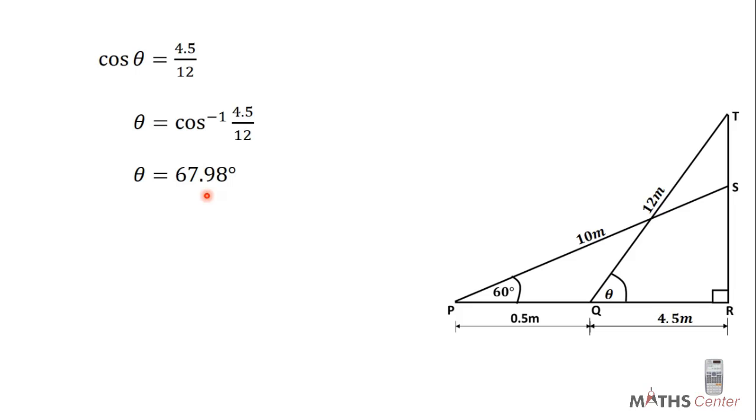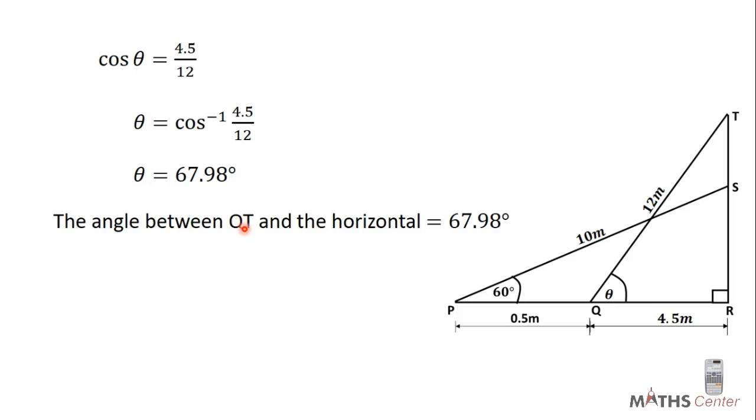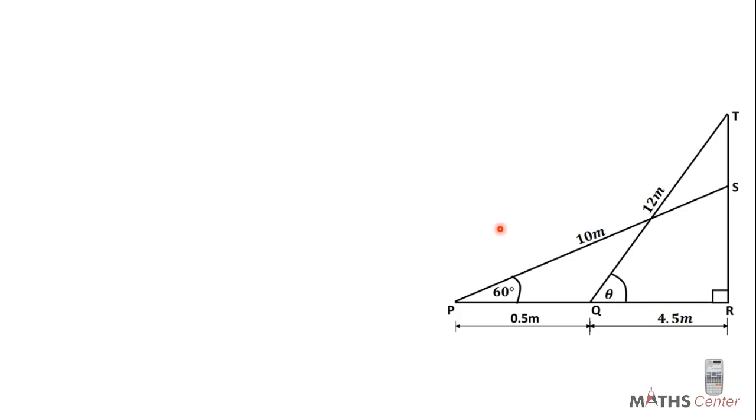Correct your answer to 4 significant figures and theta is equal to 67.98 degrees. So we can say that the angle between QT and the horizontal is 67.98 degrees.